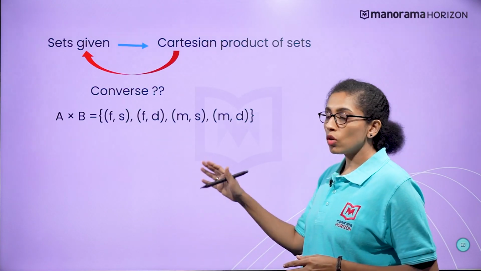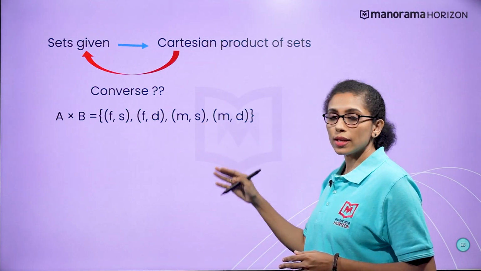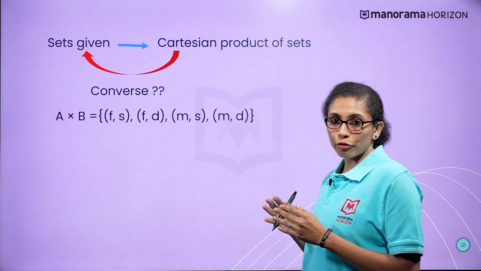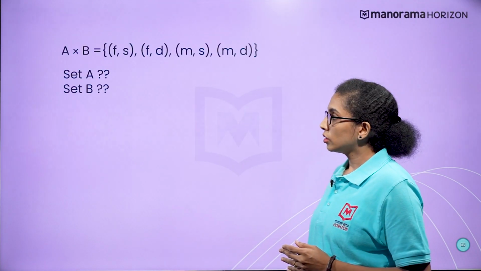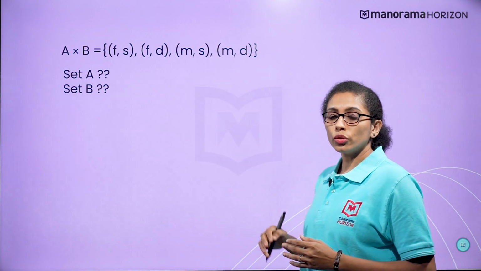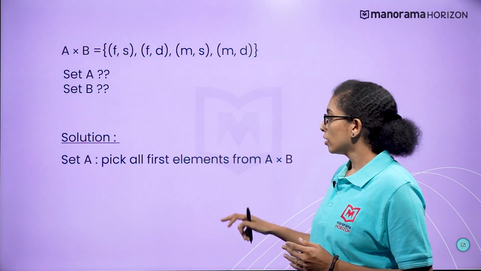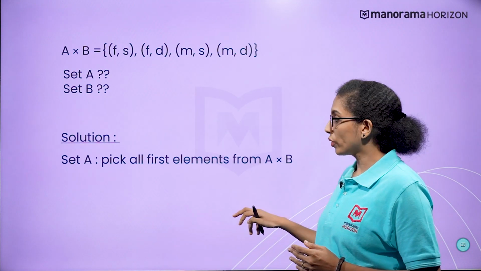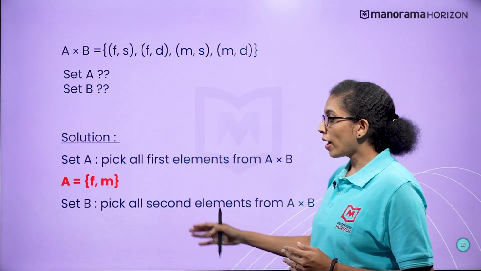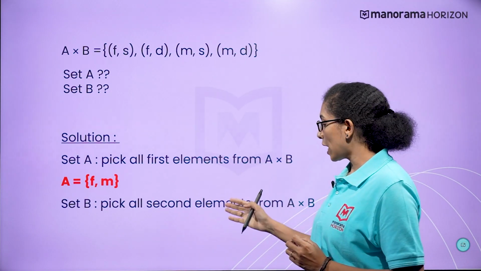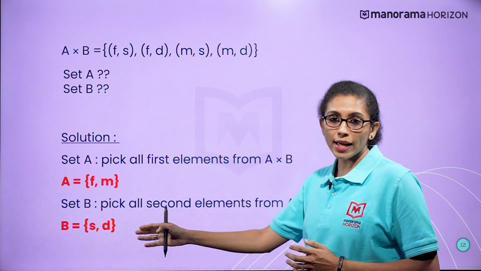If A cross B is equal to the ordered pairs (F, S), (F, D), (M, S), (M, D), we have to find the individual sets, set A and set B. So, to find the elements in set A, pick all first elements from A cross B. So, we get set A is equal to {F, M}. Now, to find set B, pick all the second elements from A cross B. So, we get set B is equal to {S, D}.